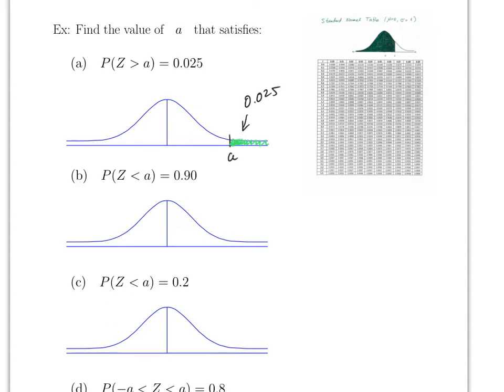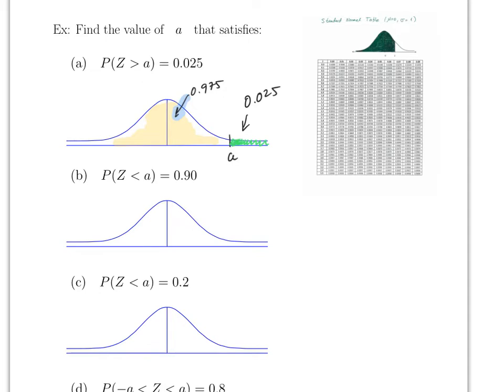So it's already telling you the probability. So we're going to reverse the steps. So that means that the area to the left, which is what comes from the table, is supposed to be 0.975.